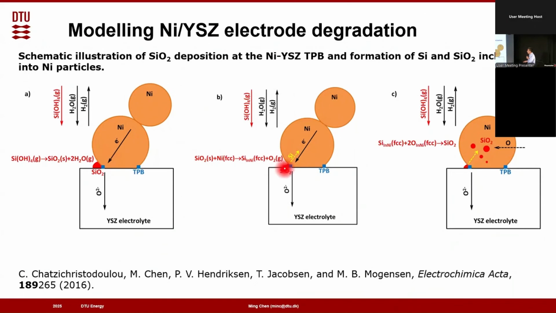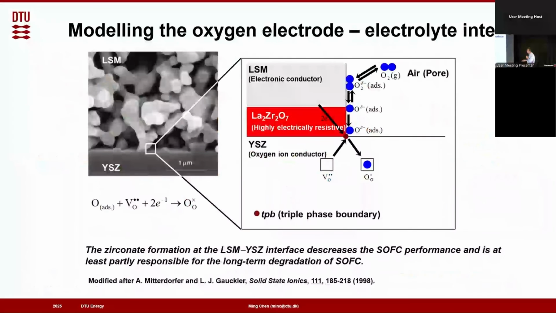And if the interface is not reducing enough, it will just stay there and block the reaction sites. And under harsh conditions, this can be reduced and diffused inside the nickel. And once we remove the current, it will be reoxidized. So this is an indication of severe degradation. So we use this as a tool to identify severe degradation.